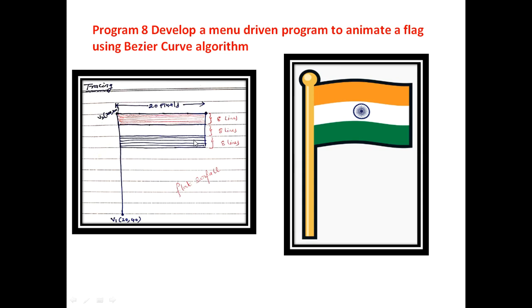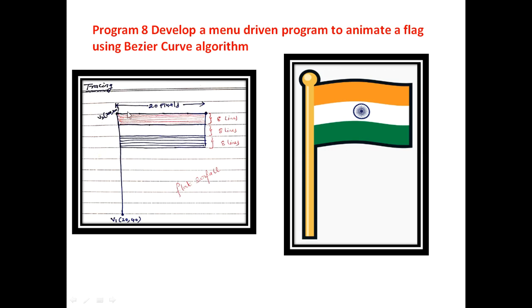When we increase the theta value, slowly the flat surface flag starts flapping. When the flag starts flapping, the flat surface looks like a curved surface. This is the aim of the 8th lab program.